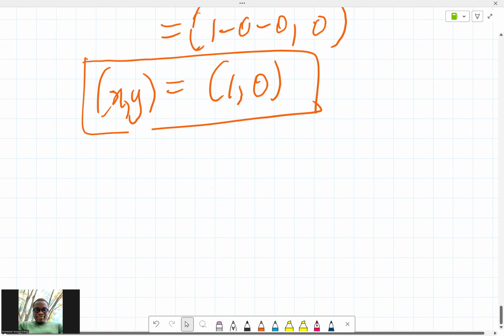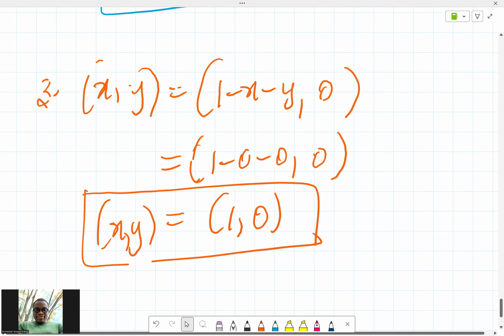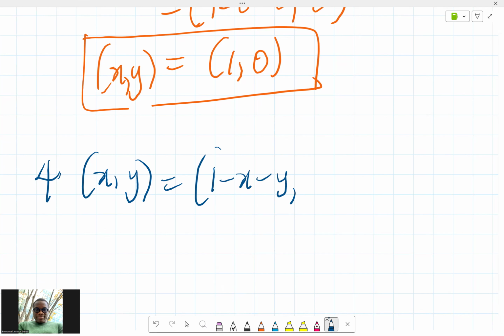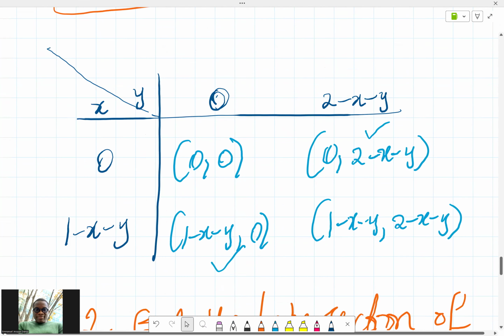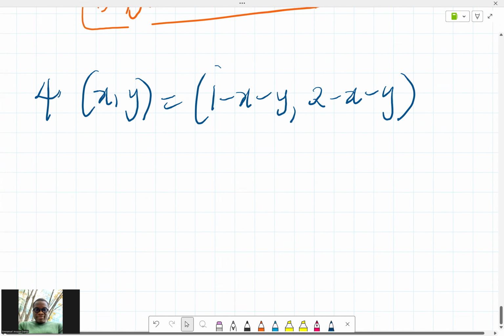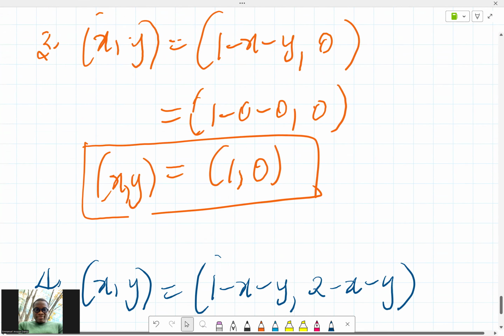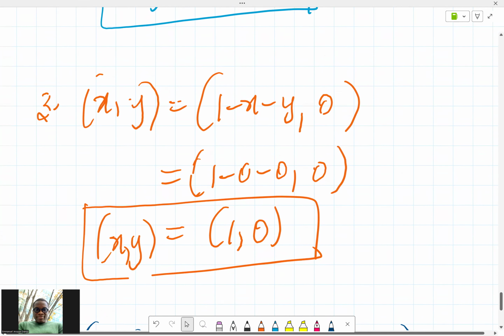So we have the last one, and in that case, we have to solve a simultaneous equation. So you have x, comma y equals 1 minus x minus y against 2 minus x minus y again. That's this fourth one here. Okay, I think we keep setting everything to 0, right?